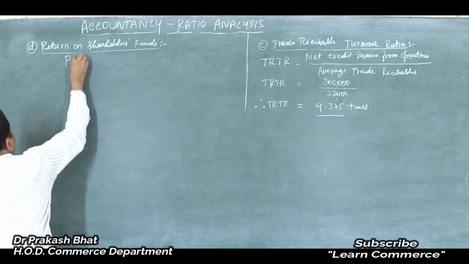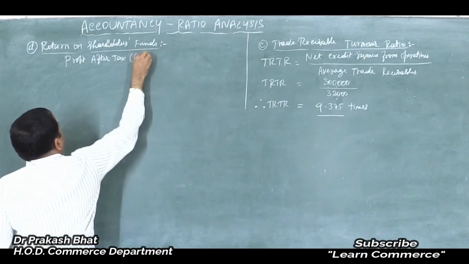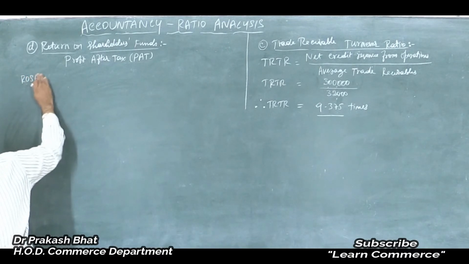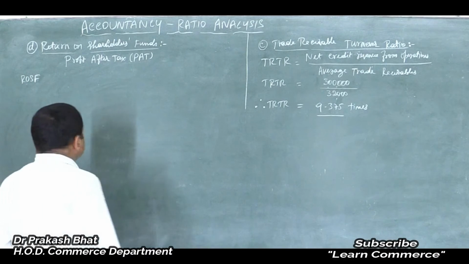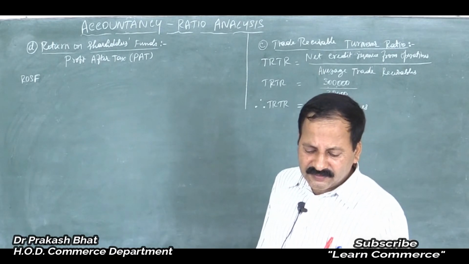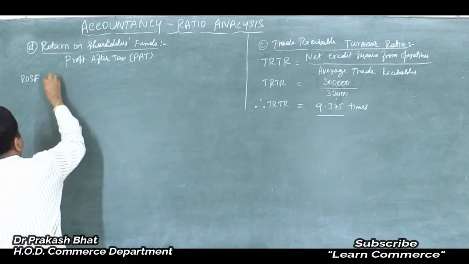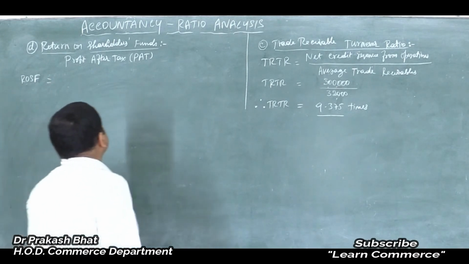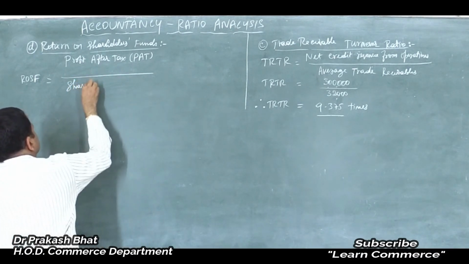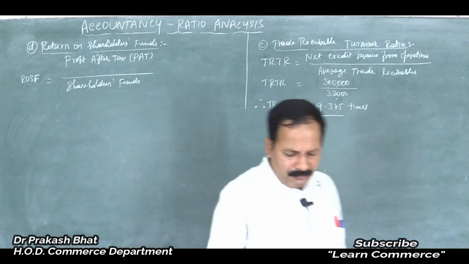PAT, profit after tax, divided by shareholders funds. They gave it as RONW, isn't it? It is actually return on shareholders funds, which is equal to profit after tax divided by shareholders funds, into 100.